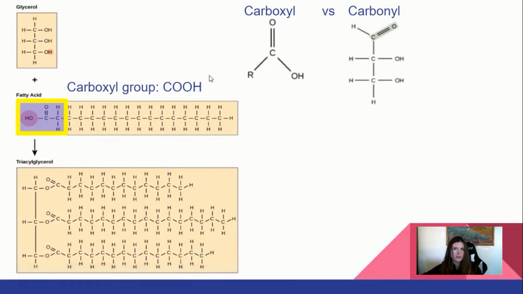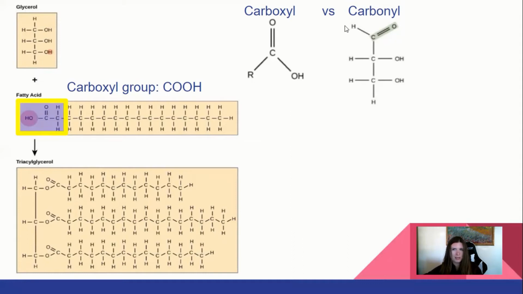So when we're looking for functional groups in our triglycerides, where we're really going to look is at the end of our fatty acids. At the end that attaches to the glycerol, we're going to see a carboxyl group. Our carboxyl group here is our carbon, double bonded to an oxygen, and bonded to a hydroxyl group.